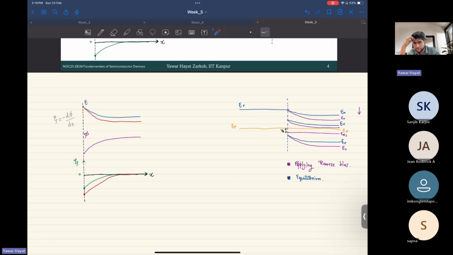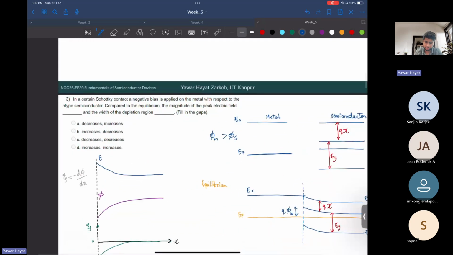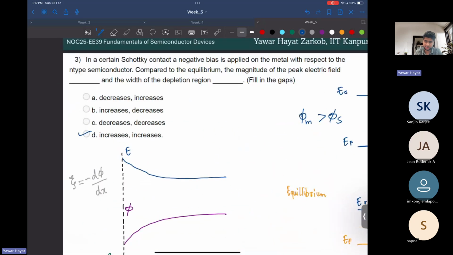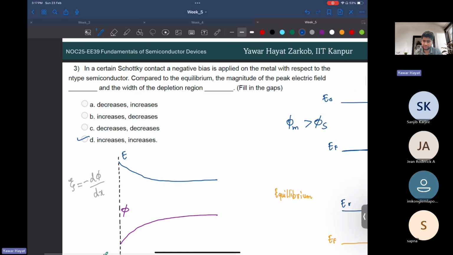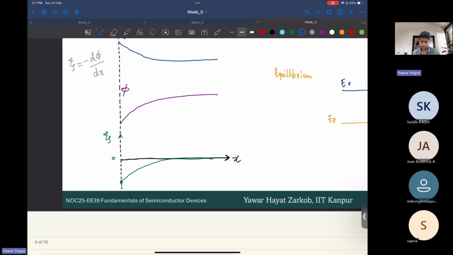Can anyone unmute and let me know? It increases. So that's why option D should be correct, not B. Your depletion width won't decrease for the bias configuration provided in the question.